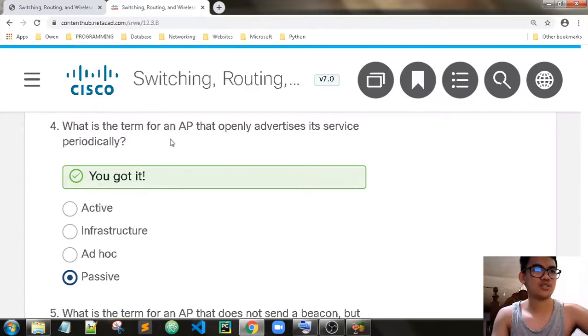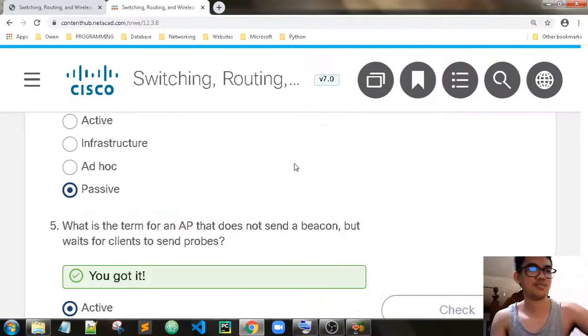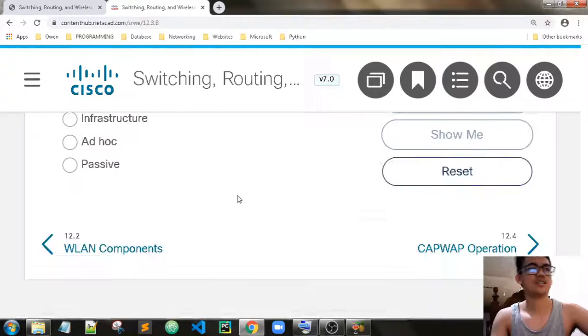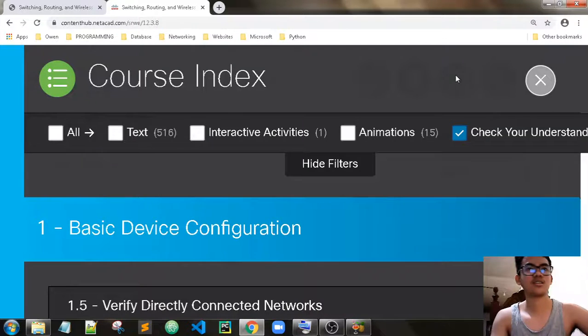It is passive when an access point advertises its service, so we can see the SSID name. For active, we must know the SSID name. It does not send the beacon but waits for the client to send probes. Sorry, I forgot.